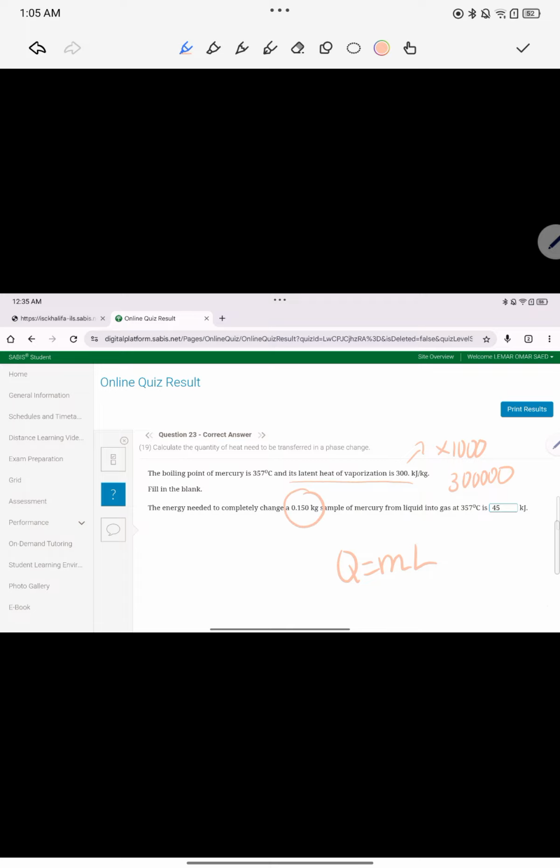It's already in kilograms, so 0.150 times 300,000, which is 45000 joules. To make it in kilojoules, you divide by 1,000, so it will be 45 kilojoules.